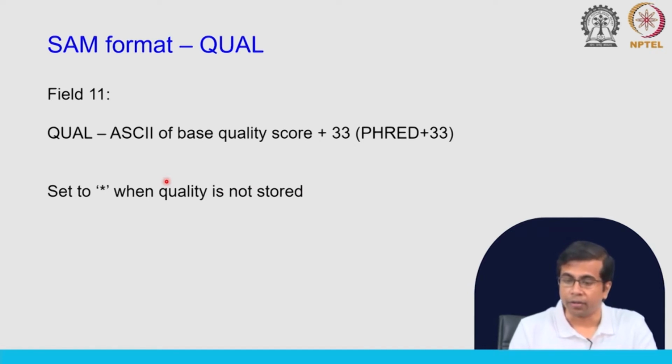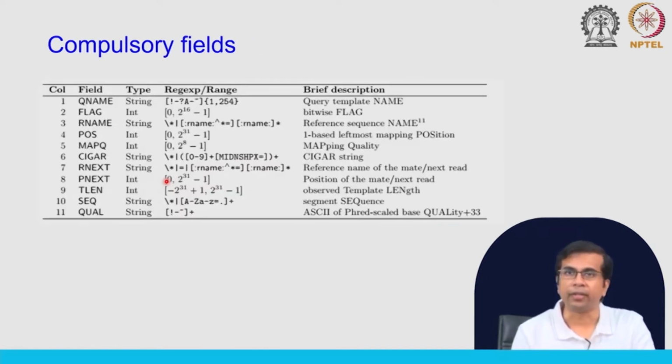Now, just to summarize the compulsory fields that we have discussed so far. You have QNAME, which is a string, the name for the read. You have FLAG, an integer number, which as we have seen is a sum of the applicable flags.